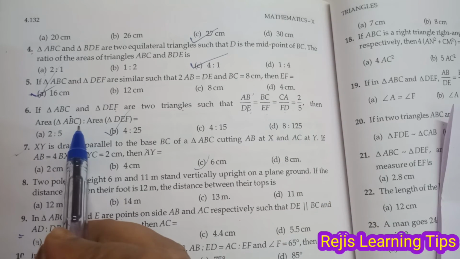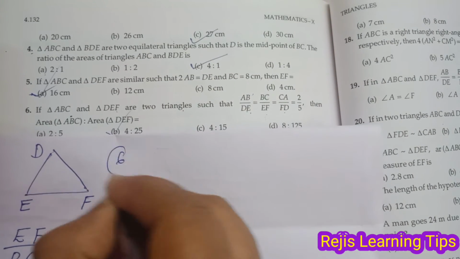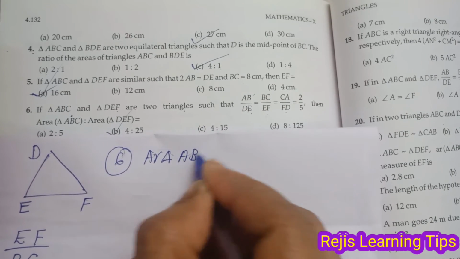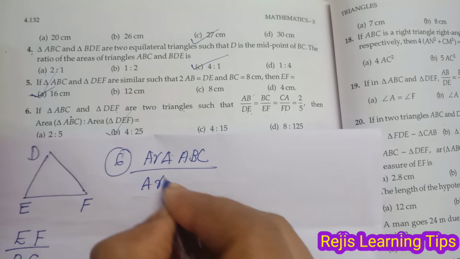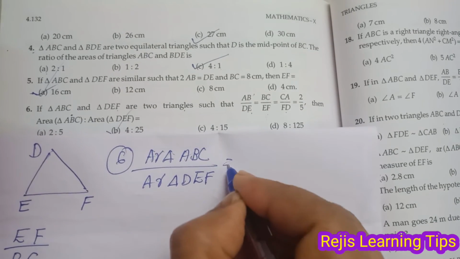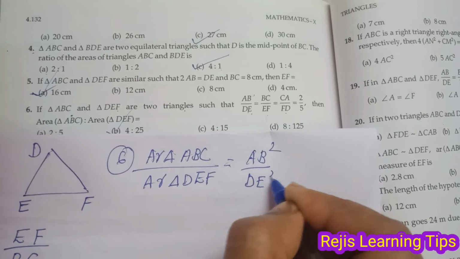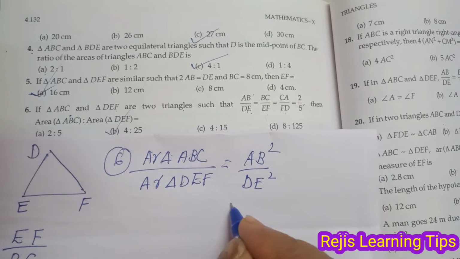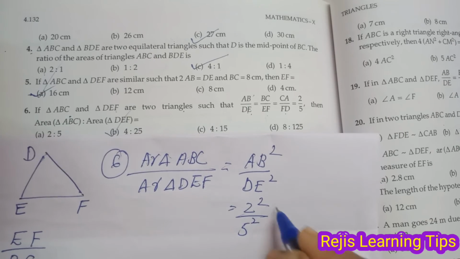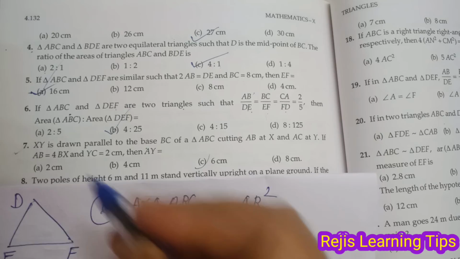Then the area of triangle ABC divided by area of triangle DEF is equal to AB square by DE square, that is equal to (2 by 5) square, that is equal to 4 by 25. That means ratio 4 is to 25. So option B.